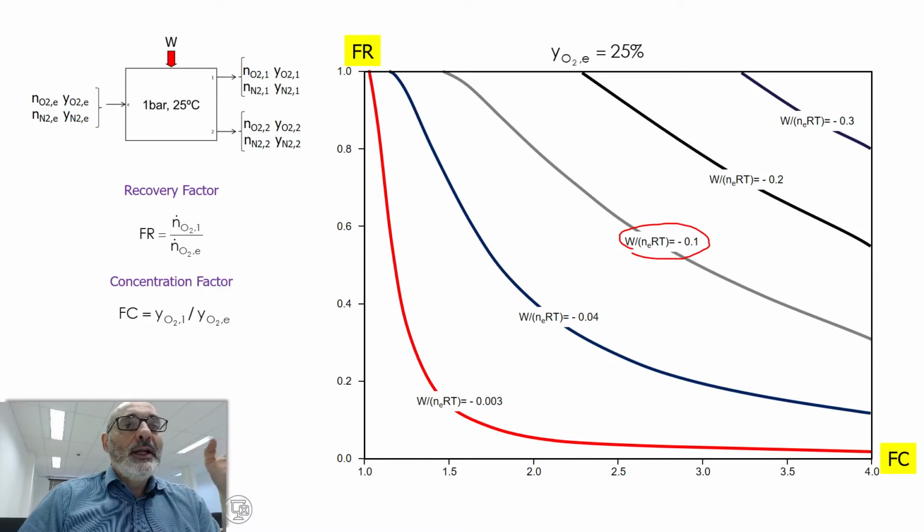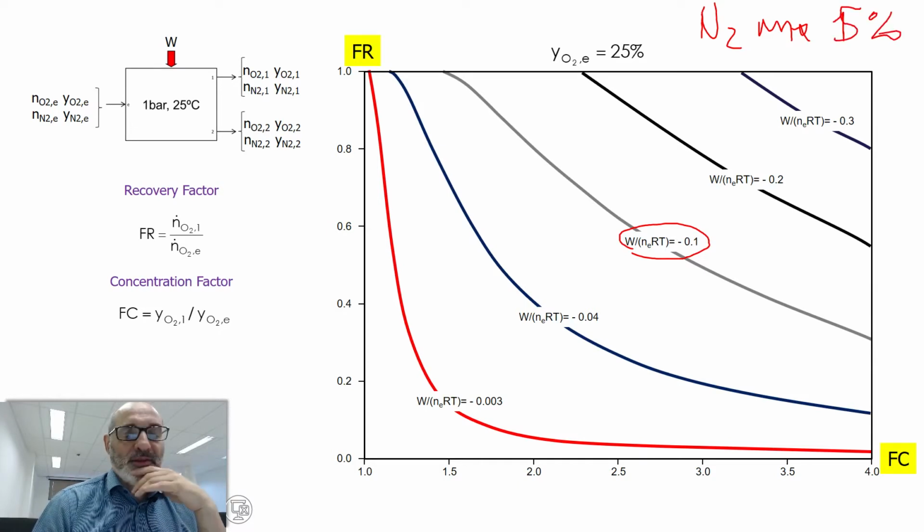Now let's suppose, just for the sake of reasoning, that the maximum amount of nitrogen is, I don't know, 1% or a little bit more, 5%. If this is so, this corresponds to 95% of oxygen, and let's say it's this point here.